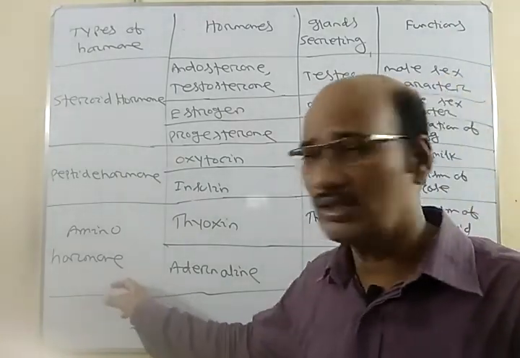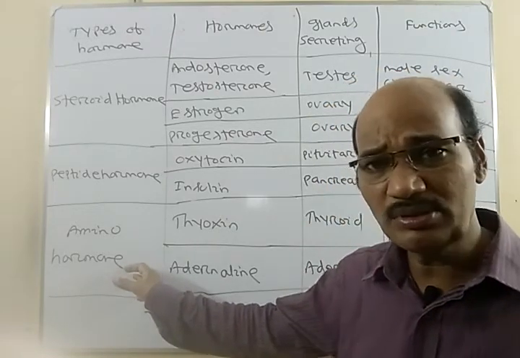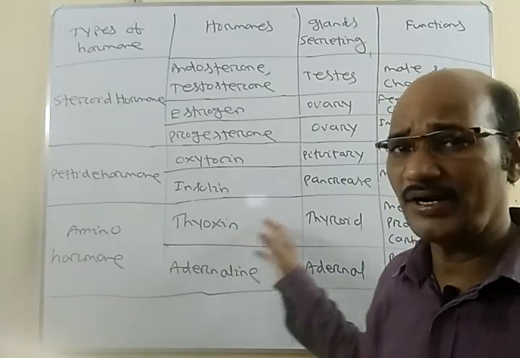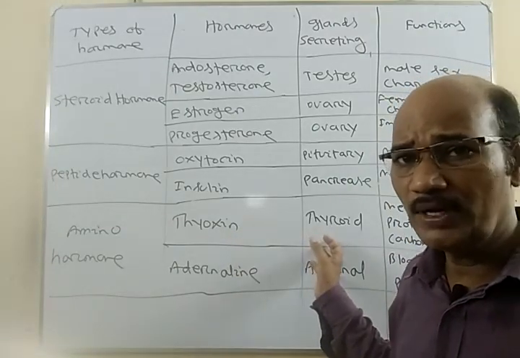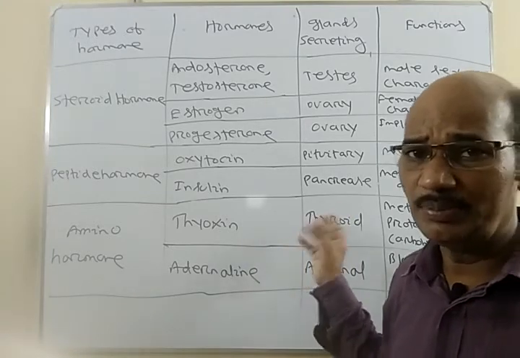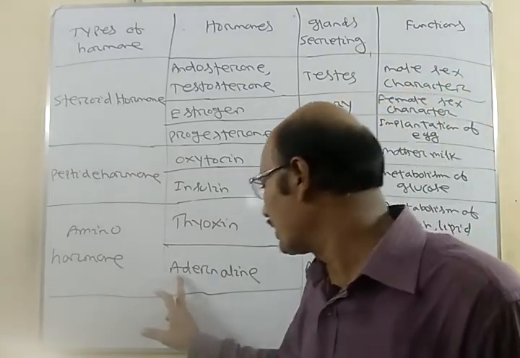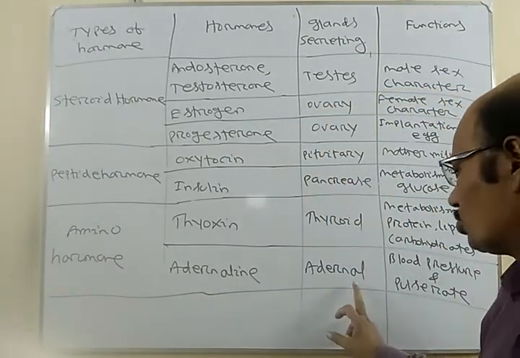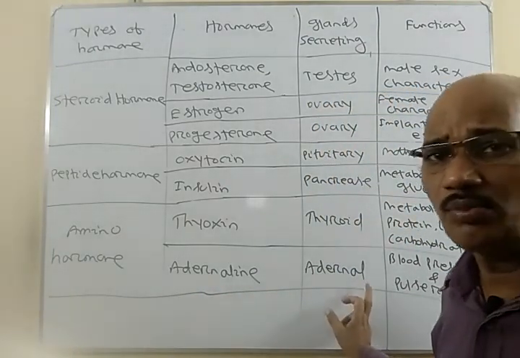Now, amino hormones are also non-steroidal hormones, like thyroxine, secreted in the thyroid gland, which controls the metabolism of carbohydrates, proteins, lipids. Adrenaline is the hormone secreted in the adrenal gland, and this controls your blood pressure and pulse rate.